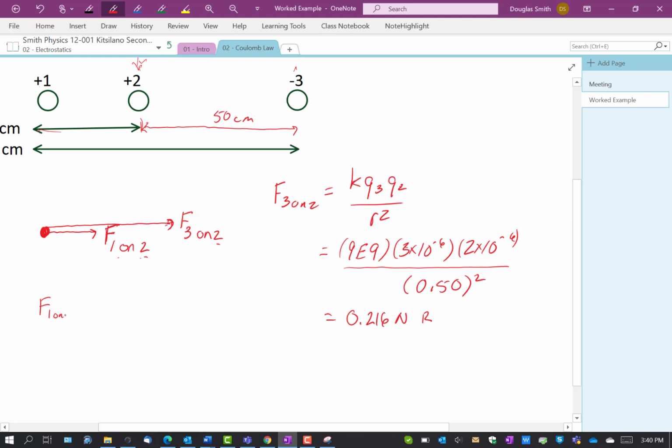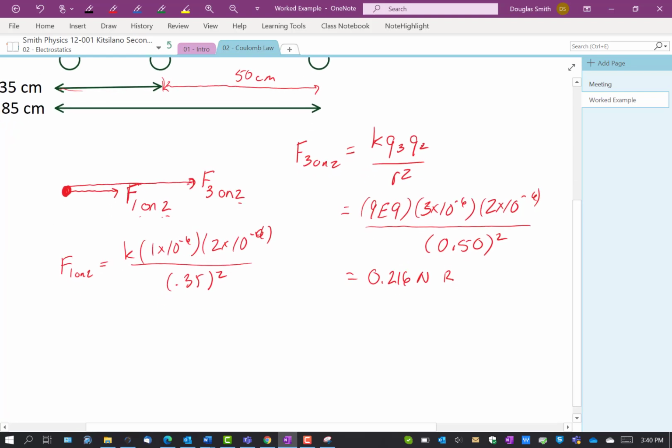Now I'm going to do the force of 1 acting on 2. So F 1 on 2 is equal to k times 1 times 10 to the negative 6, 2 times 10 to the negative 6, divided by 0.35 squared.